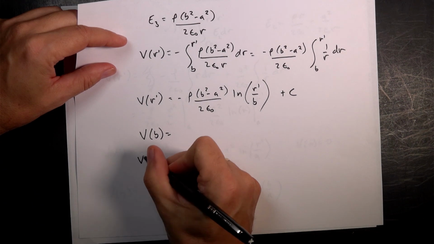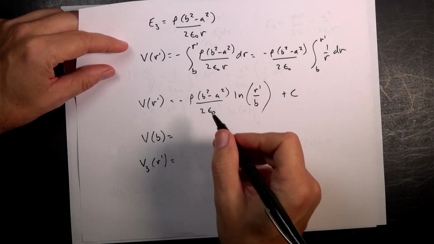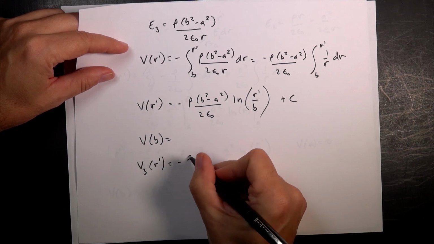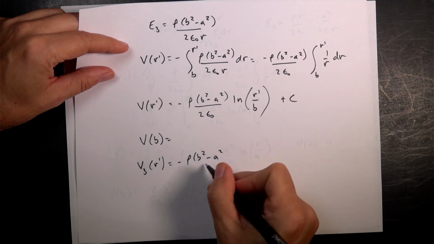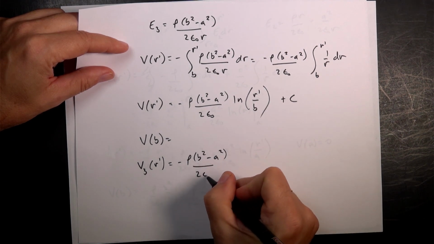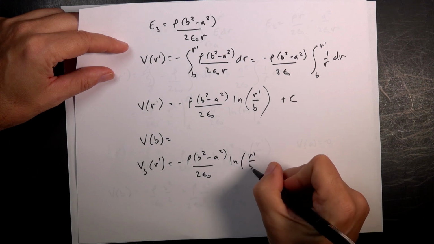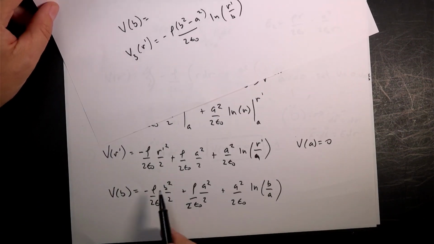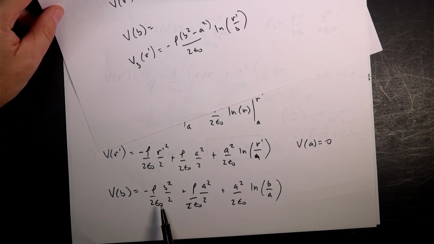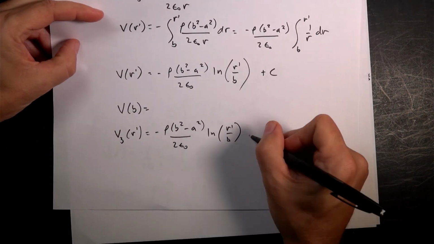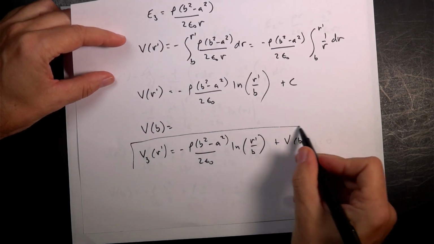So V in region 3 of r prime is going to be this stuff, negative rho b squared minus a squared over 2 epsilon naught natural log r prime over b. And I'm just going to say this is all a constant, and I don't want to write it, even though it looks like I should get some cancellation. But I'm just going to say plus V of b. And so there's my region 3.